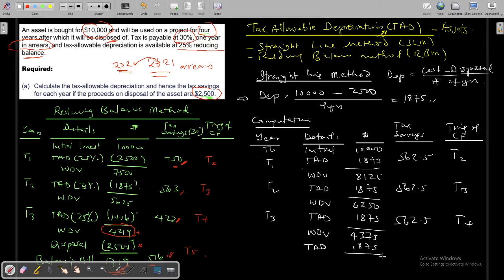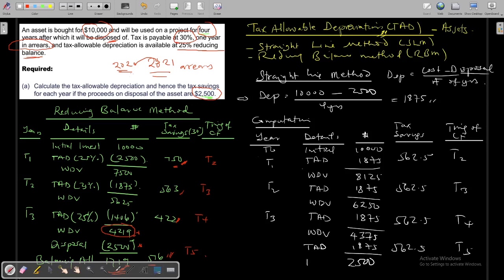So 4,375 minus 1,875 gives us 2,500. The tax savings is 562.5, and this will be taken in year 5.